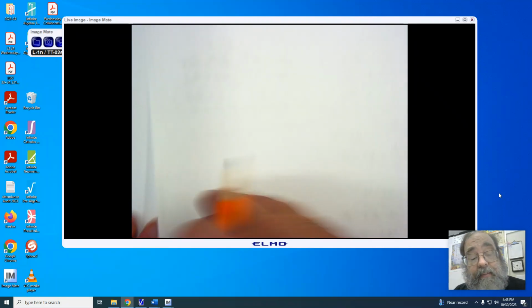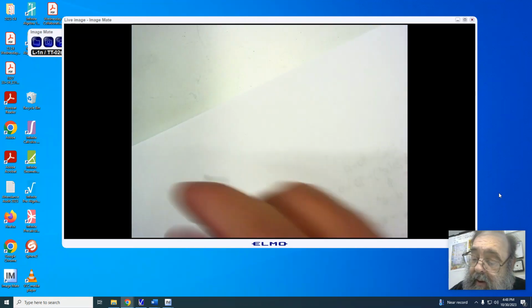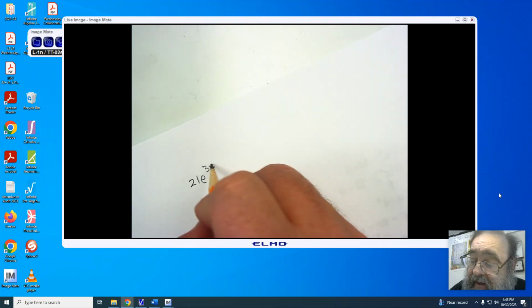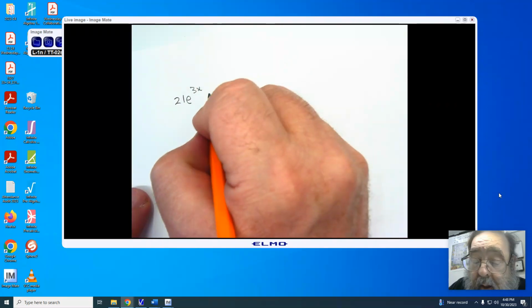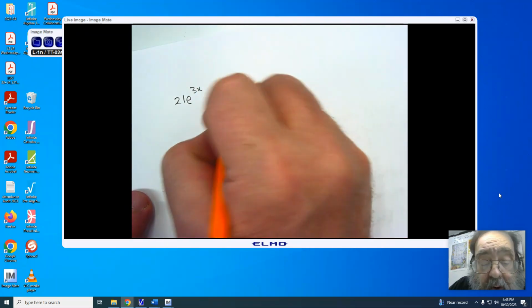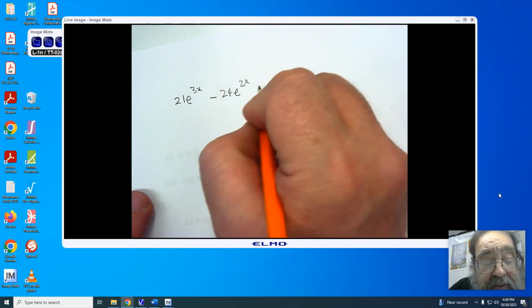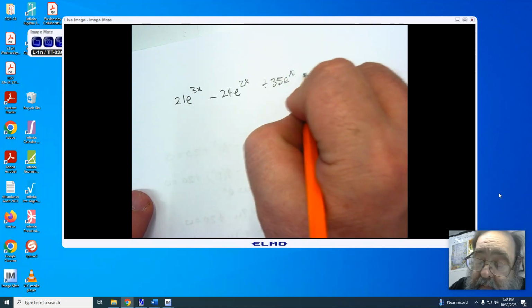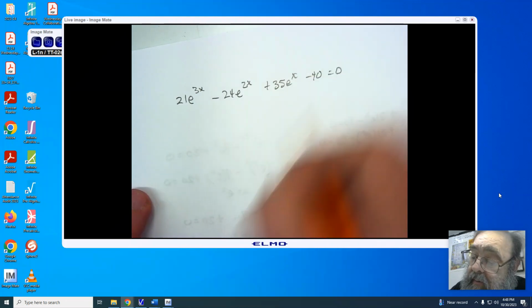Let's try another one. This time, let's take a look at 21e^(3x) − 24e^(2x) + 35e^x − 40 = 0.